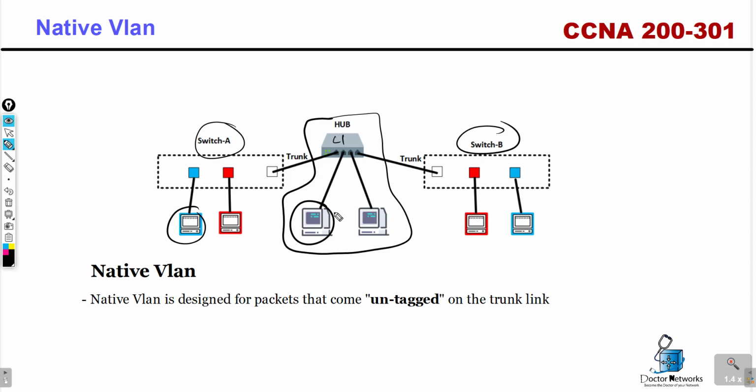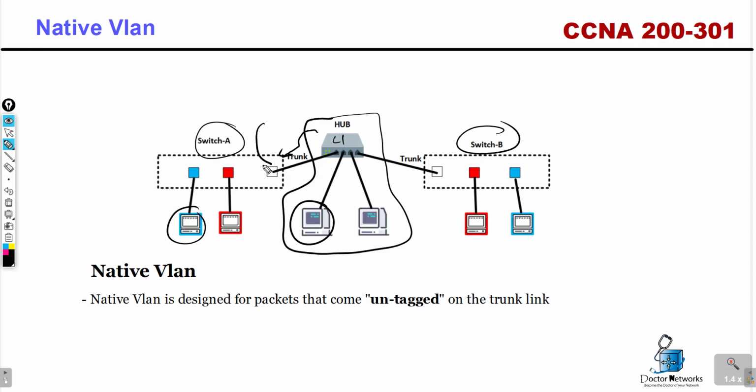Well, that is actually where the concept of native VLAN comes in. Whenever a packet that is untagged comes inwards towards a trunk, it will be tagged and allocated to a specific VLAN.